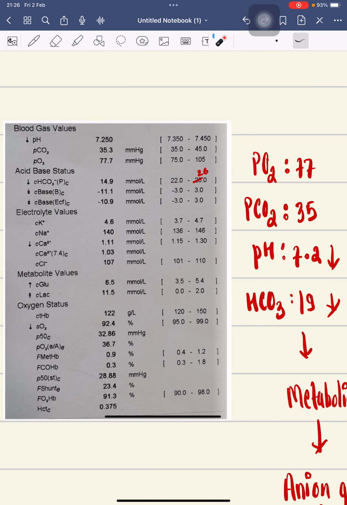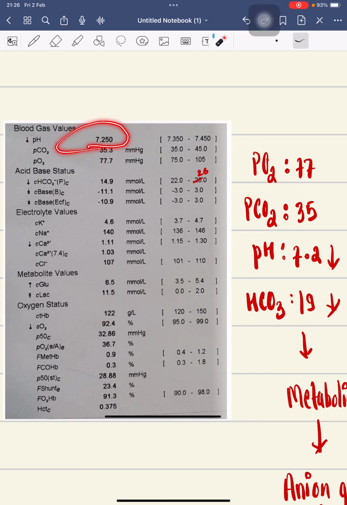So as we get this report, first we should check the value of the PO2, partial pressure of oxygen. In this patient we have 77, normal is more than 65 up to 105. Next we have to check his PCO2. PCO2 is 35. These both are in normal range. Third, we should check his pH.